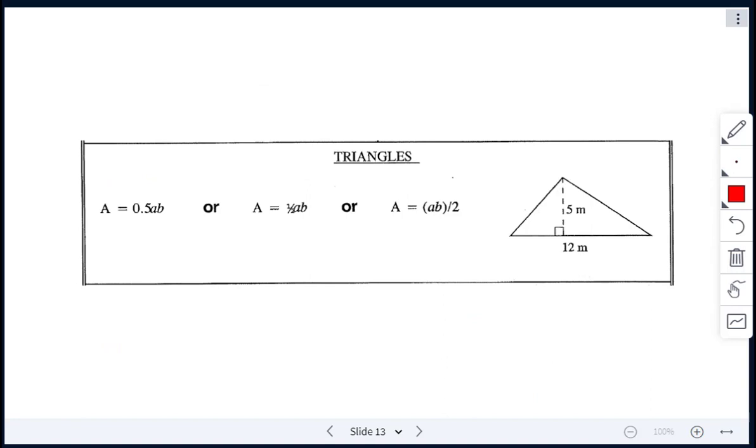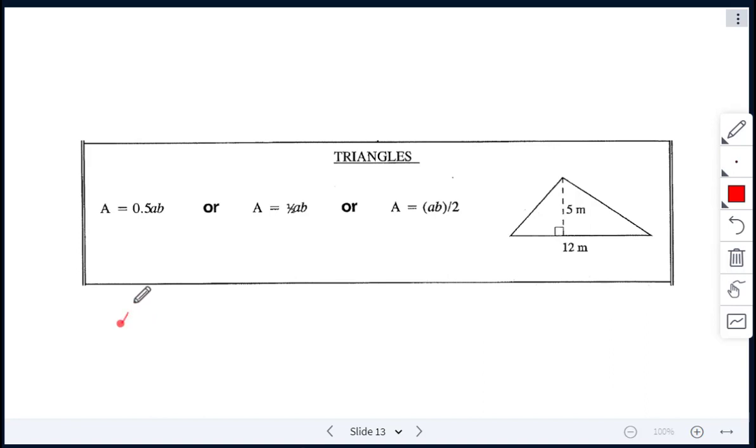Next is triangles. You've probably seen one of these formulas. Either of them works: 0.5 AB, half AB, or AB divided by 2. A represents the altitude or height, and B is the base. Any of those formulas would work.